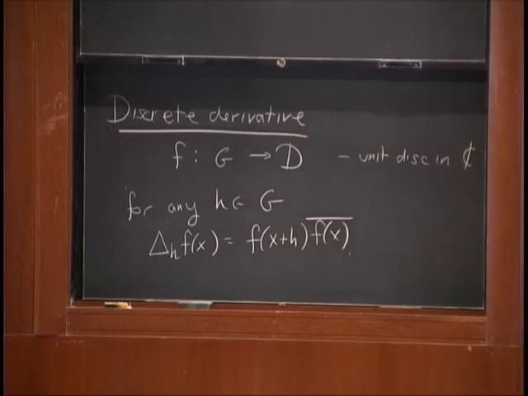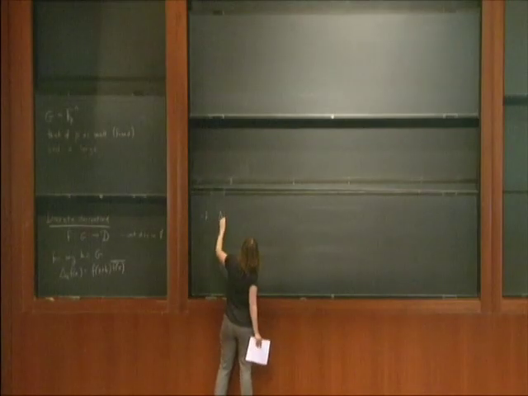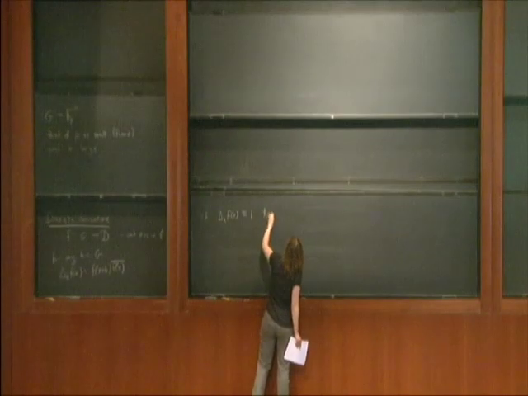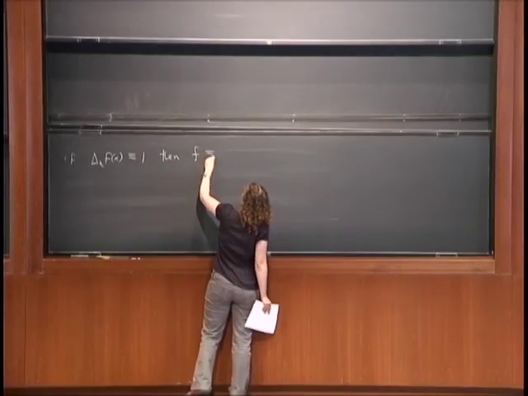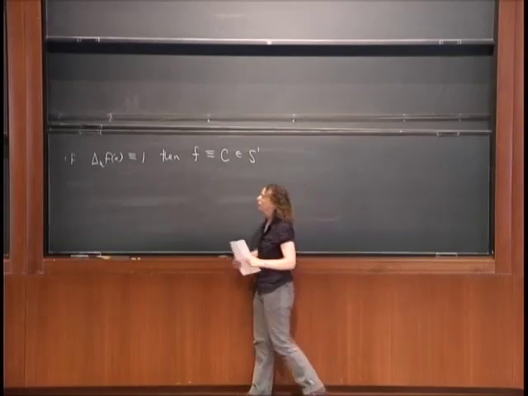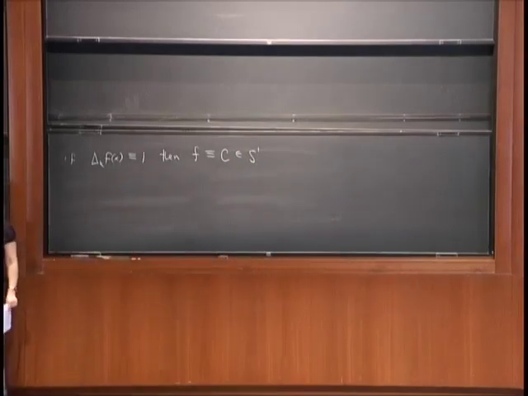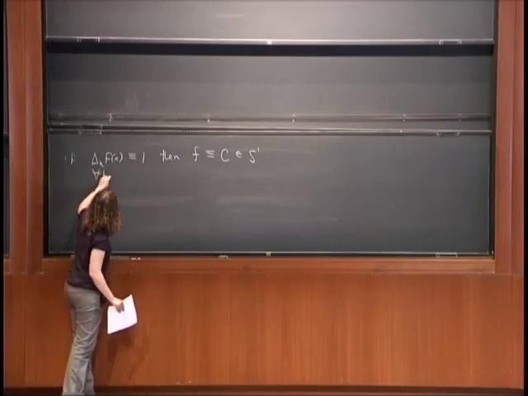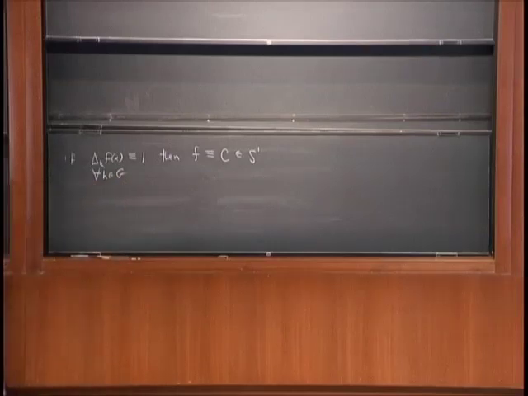So for example, if delta_h f is 1, then f is constant, some constant c in the unit circle. If I take h equals 0, then I see that f has to take values in the unit circle. If the derivative is 1 for every h and x, then my function is constant.